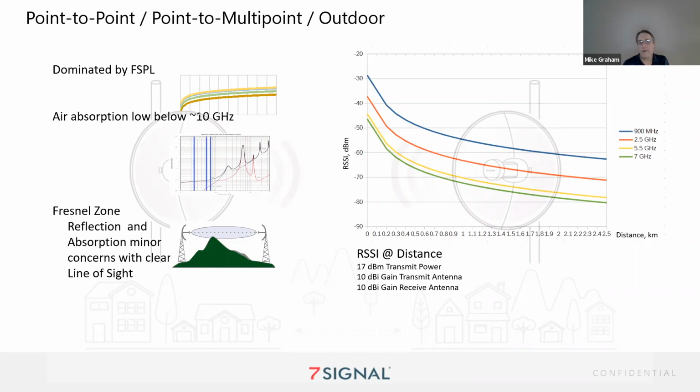So essentially, if you keep your path clear of obstructions outdoors, the reflection and absorption by other things are a minor concern. But where you are closer to the ground or closer to the objects, reflection can be a really big deal. There are always these stories, shooting over a tidal body of water and the link fades every day at high tide because the multipath changes, those kind of things. But really, for the most part with point to point, it's all about free space path loss.